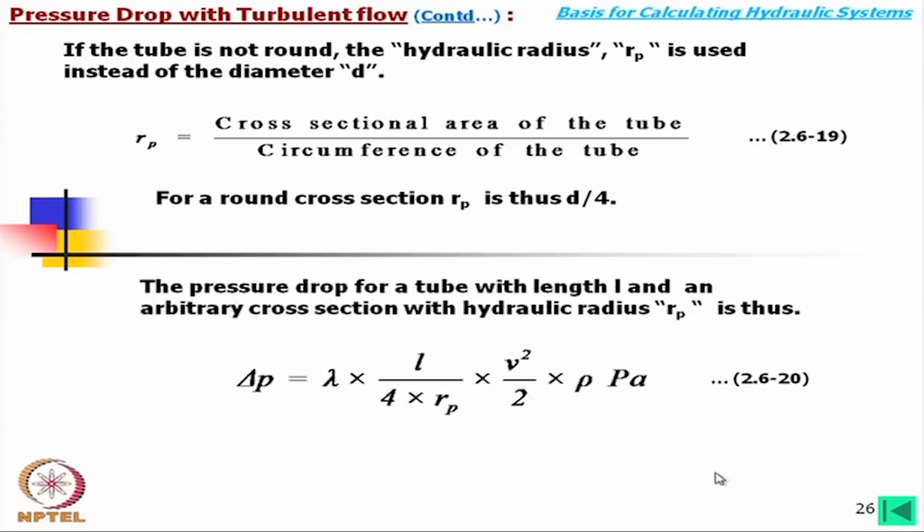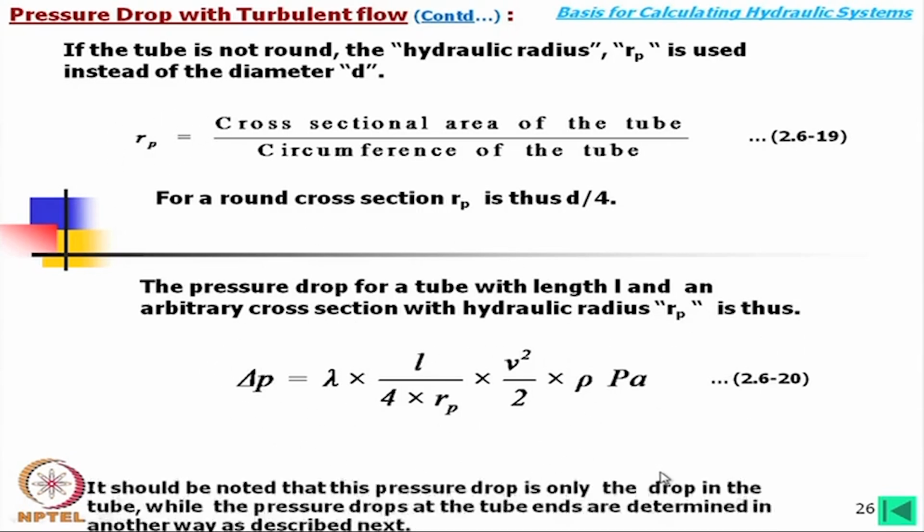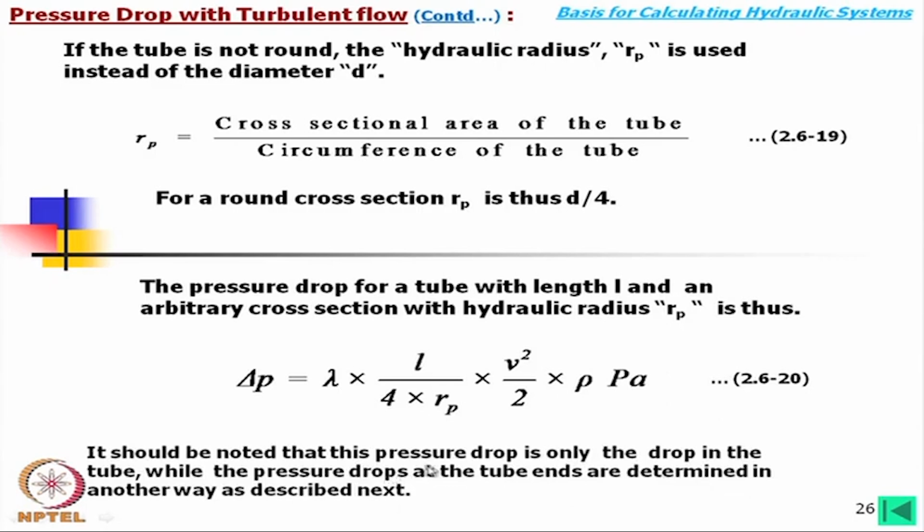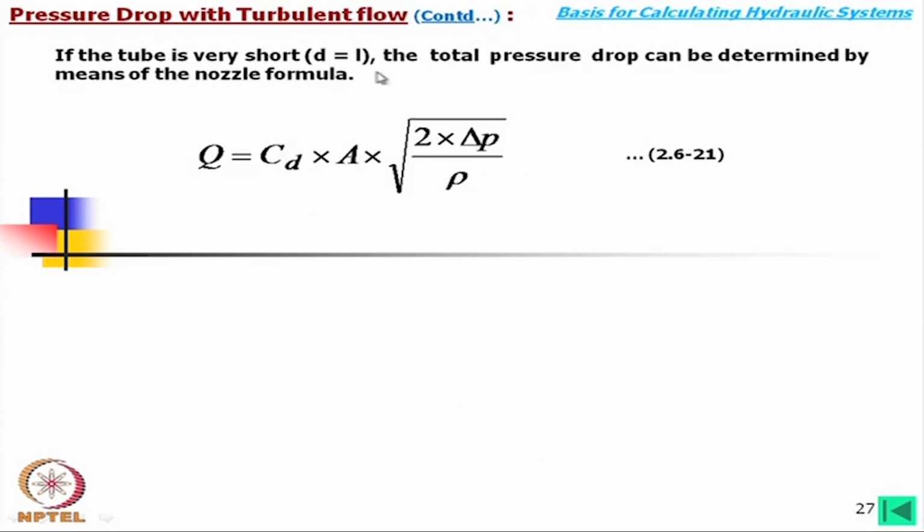Now, the pressure drop for a tube with length L and an arbitrary cross section with hydraulic radius R_h is thus expressed in the same form. It should be noted that this pressure drop is only the drop in the tube, while the pressure drops at the tube ends are determined another way, as will be described next.